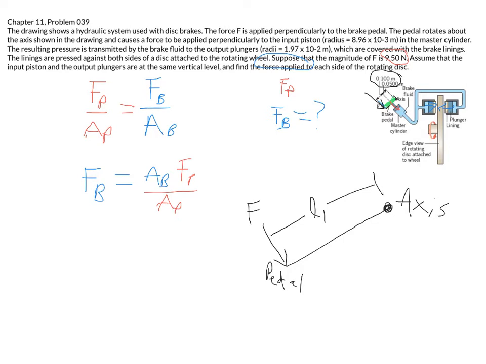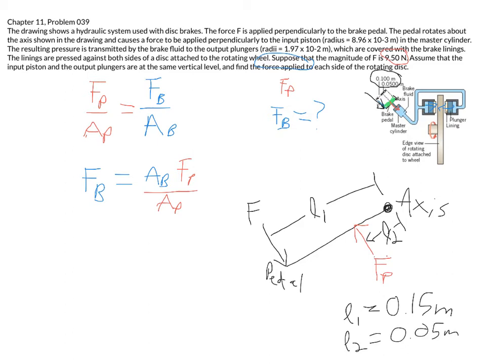Now there's a force from the piston, an equal and opposite reactionary force, pushing up this way as a result of the downward FP force. So this is also FP, acting a distance L2 away. Just so everyone's clear, L1 is 0.15 meters, and L2 is 0.05 meters.